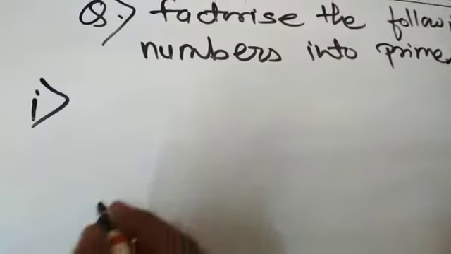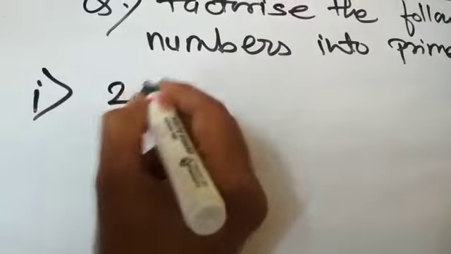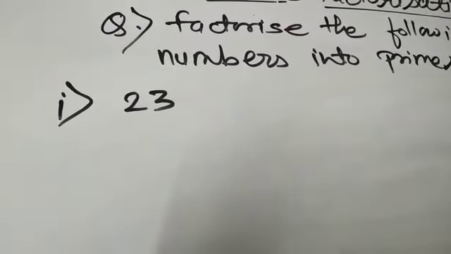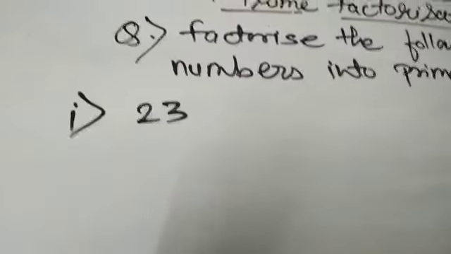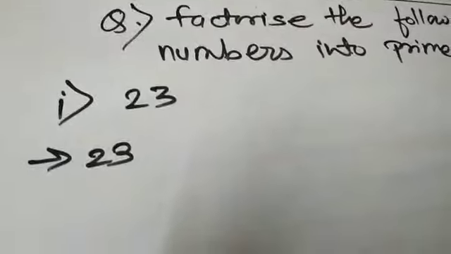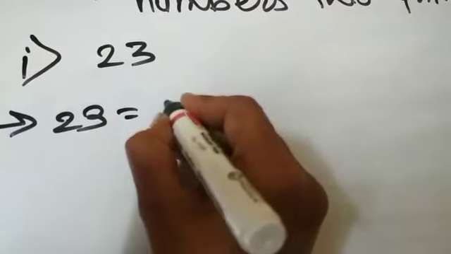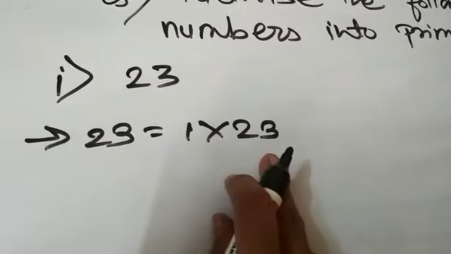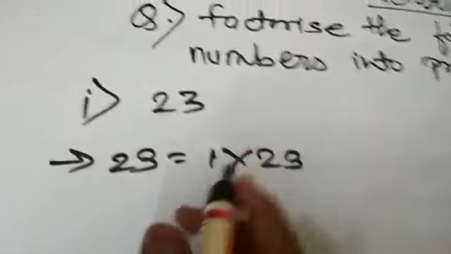For example, I will take the number 23. Now what are the factors of 23? First you need to observe that 23 is already a prime number. That's why the factors will be 23 ones are 23, and it is nothing but the prime factors of the number 23.